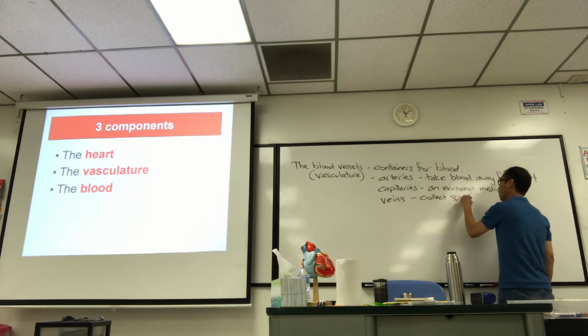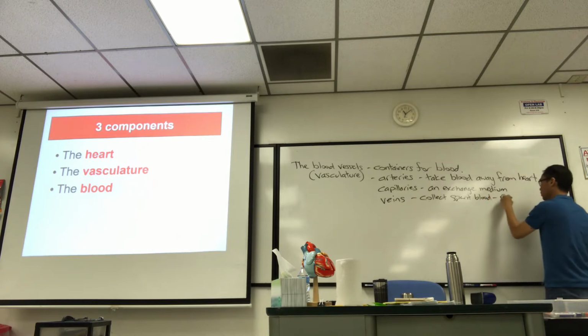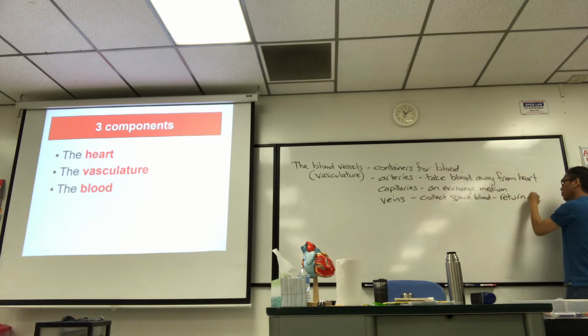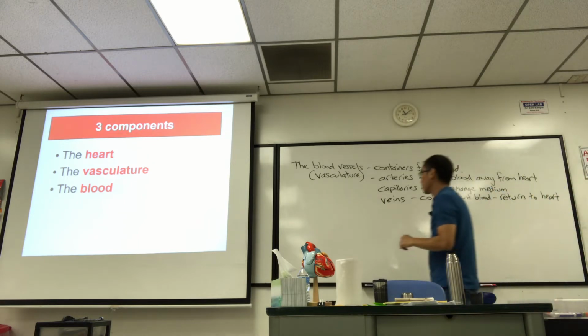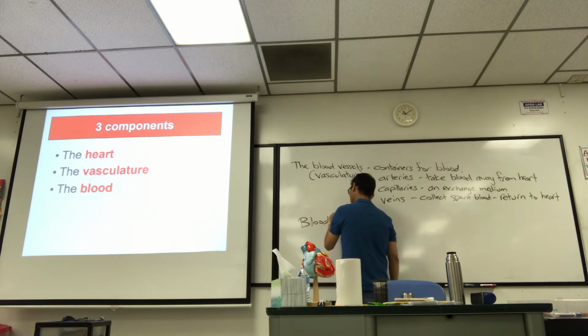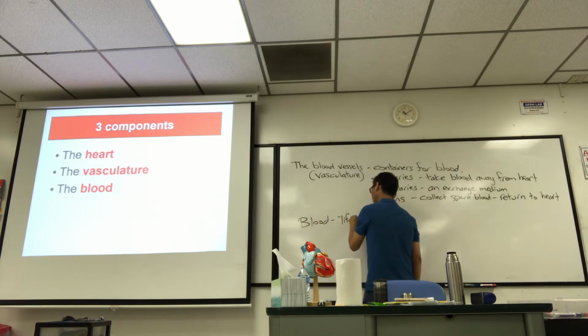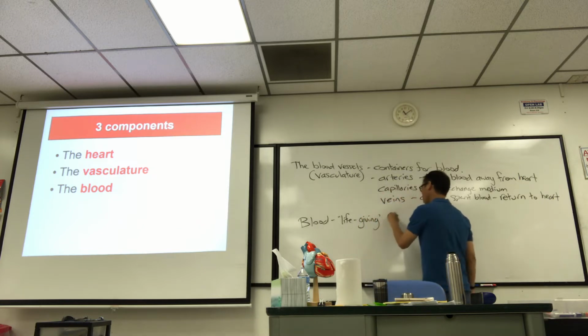Collect spent blood. I already said they return it to the heart. I'll say it again. Return to heart. So that's how blood goes round and round. And then the blood itself is what you're circulating. Blood is life-giving. Because it has O2.